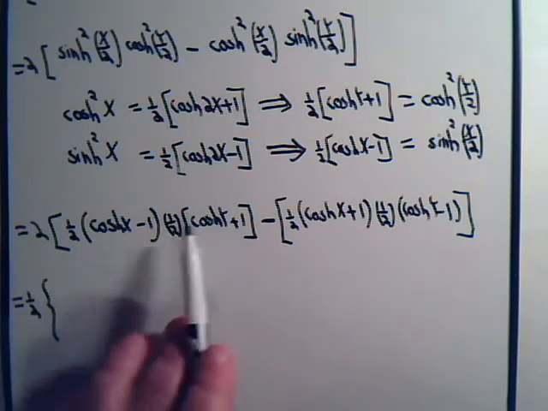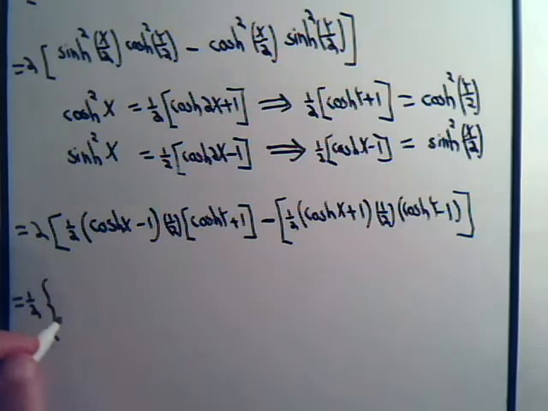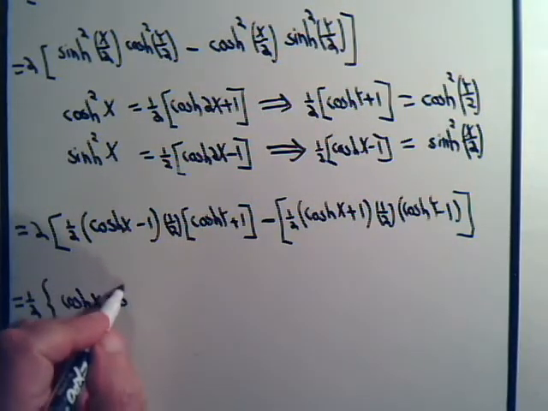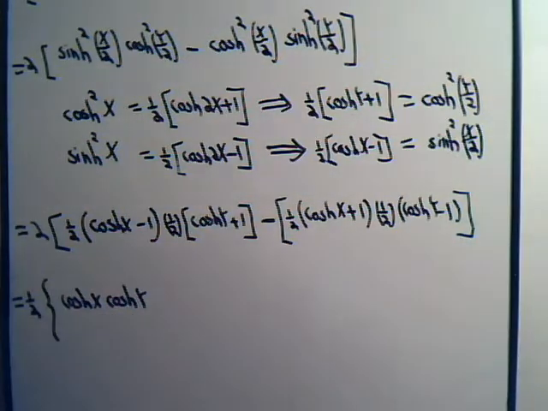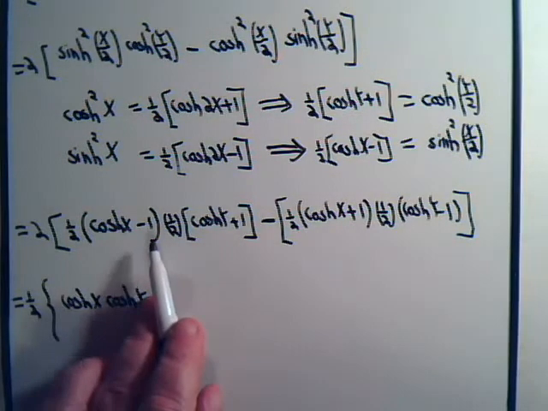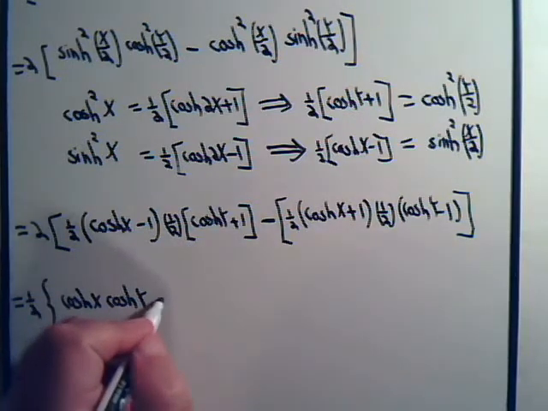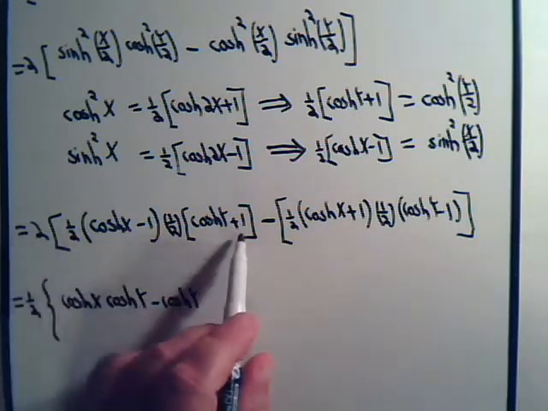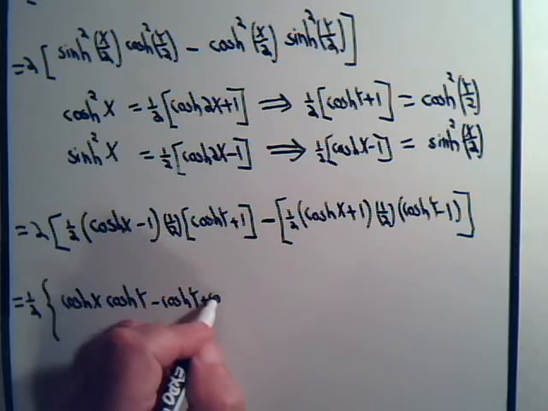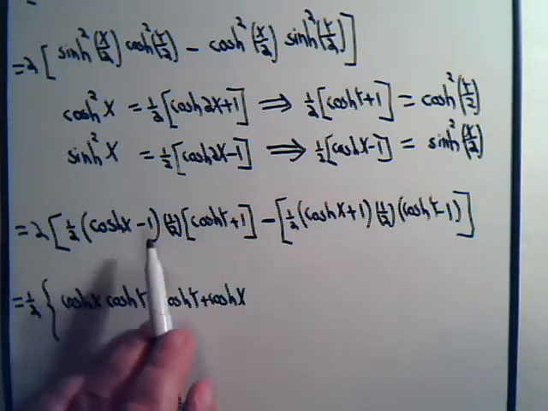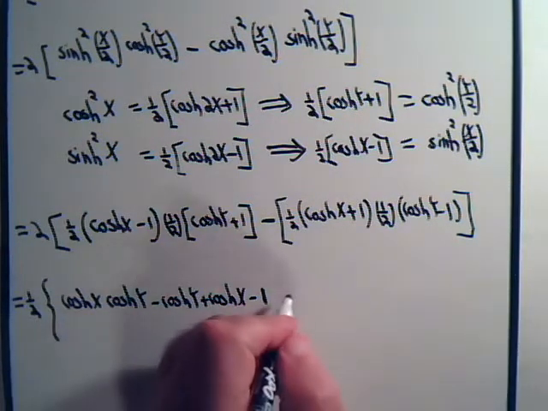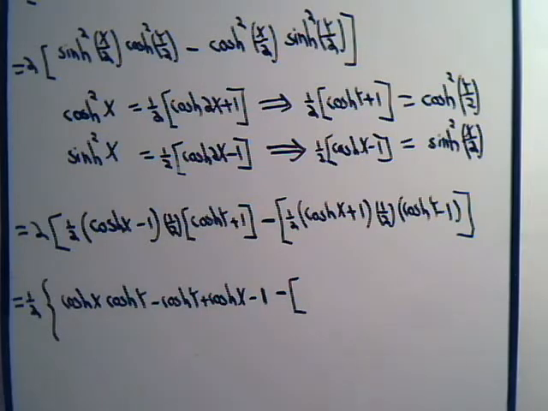Here we're going to have this times this, so we'll have hyperbolic cosine of x times the hyperbolic cosine of y, and then here we'll have minus hyperbolic cosine of y plus the hyperbolic cosine of x, and here we'll have minus 1, and then we'll have minus this quantity here.